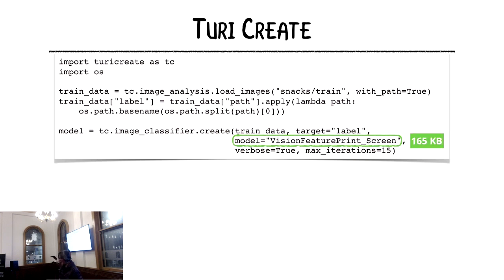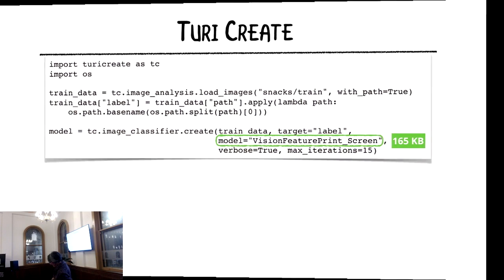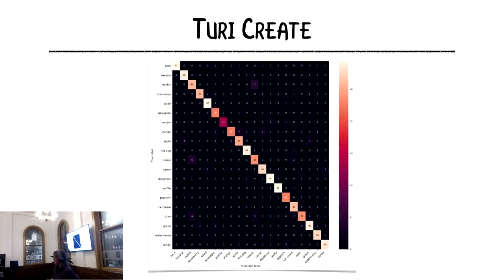Turi Create is more manual, but it gives you more control over visualizing the results, like this nifty little heat map of the confusion matrix for the test data. So the horizontal axis is the predicted label, the vertical axis is the true label.